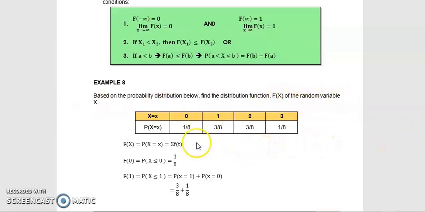Given to us here are the values of x ranging from 0 until 3 and their probabilities. If x equals 0, the probability is 1 over 8, at 1 it is 3 over 8, at 2 it is 3 over 8 and at 3 it is 1 over 8. If you total up these probabilities, the total must be equal to 1.